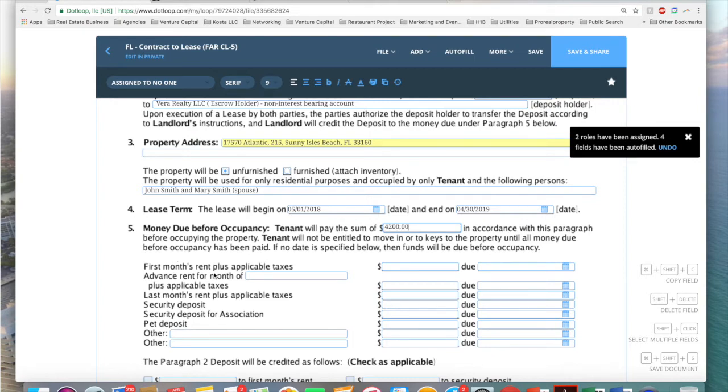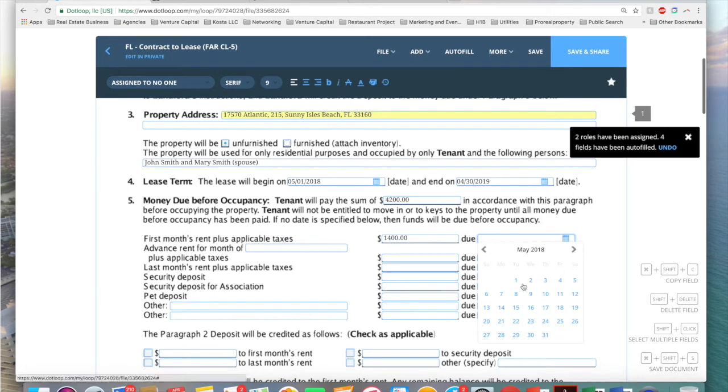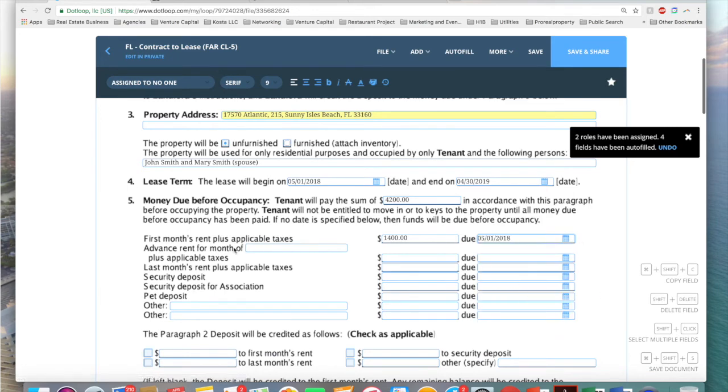And down below we need to specify for what this amount is exactly for. So first month rent, which is $1,400, due May 1st, day of the move-in. Advance rent for months, we don't have to write it, only if the tenant is prepaying in other months.